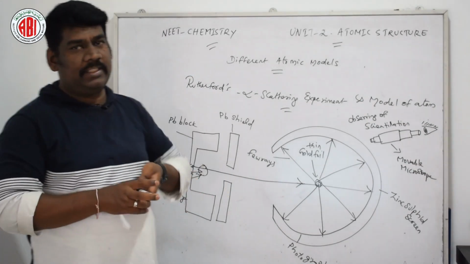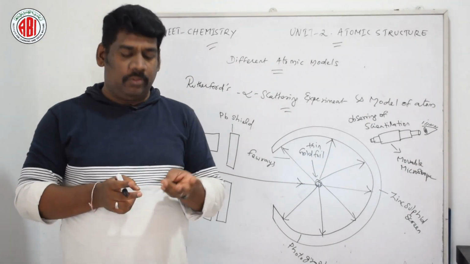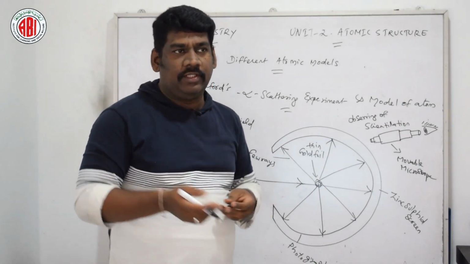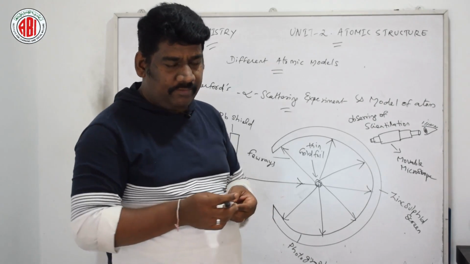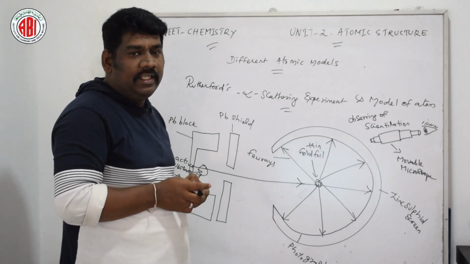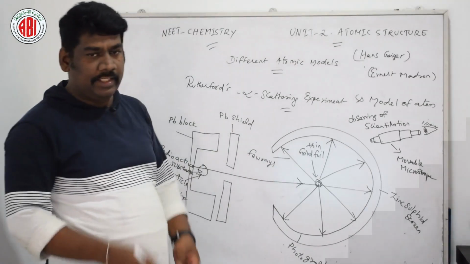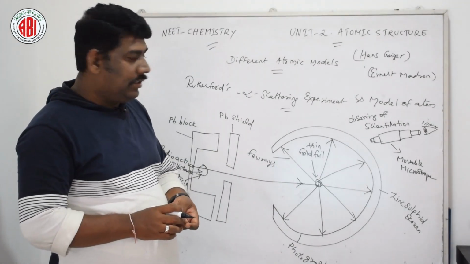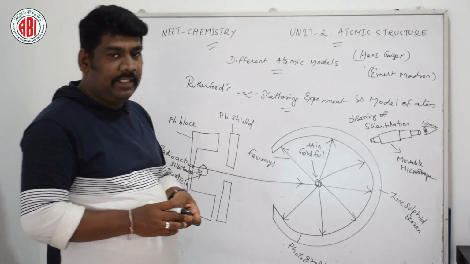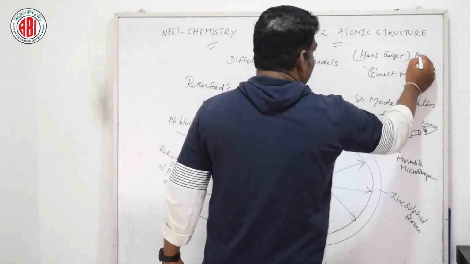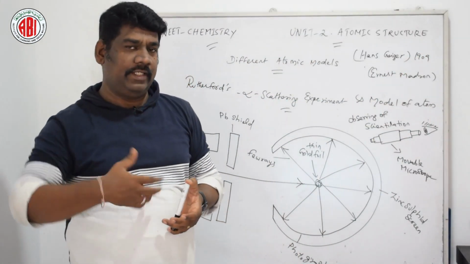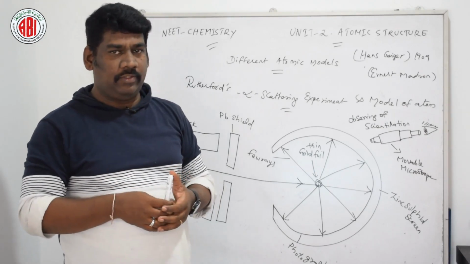This experiment was conducted by Rutherford and his team, and two of his main students, Hans Geiger and Ernest Marsden, worked as a team on this alpha scattering experiment in the year 1909.